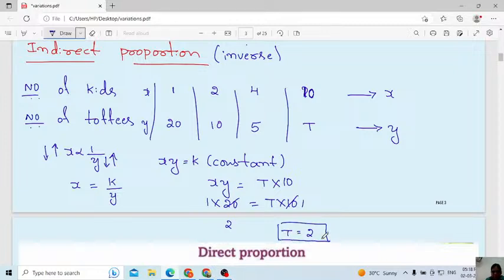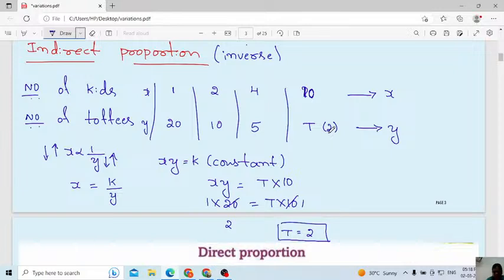If you have 2 toffees, you can give to 10 kids, like that.